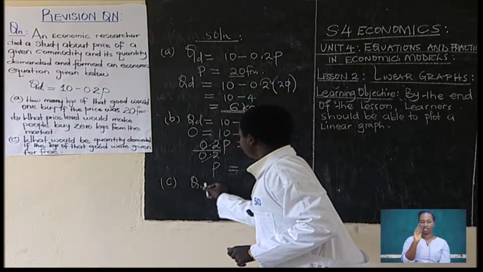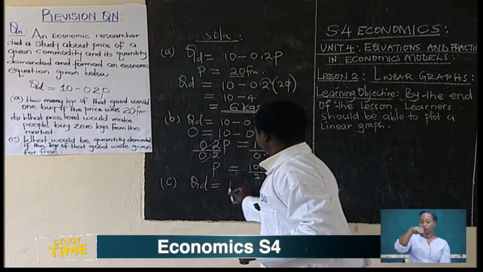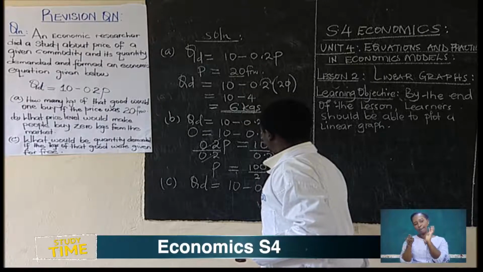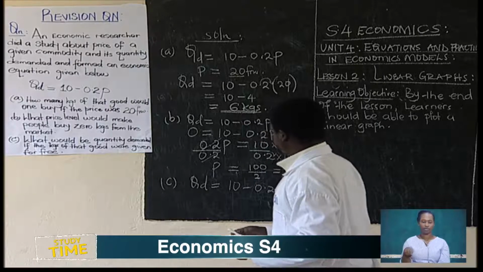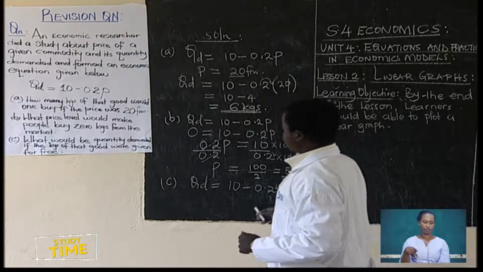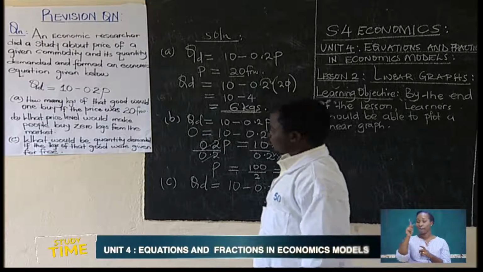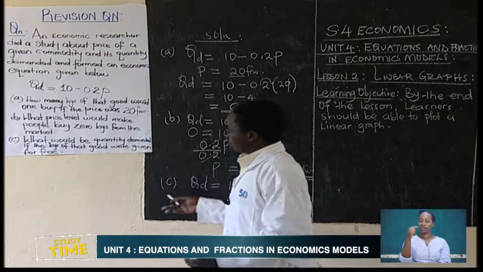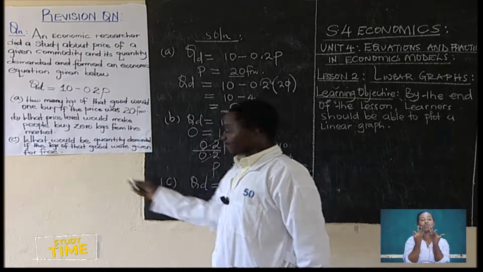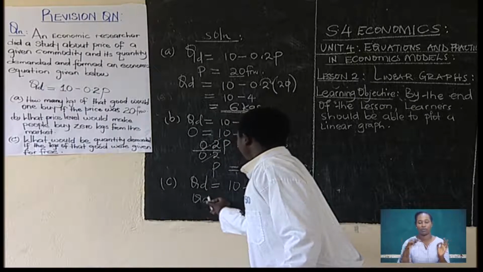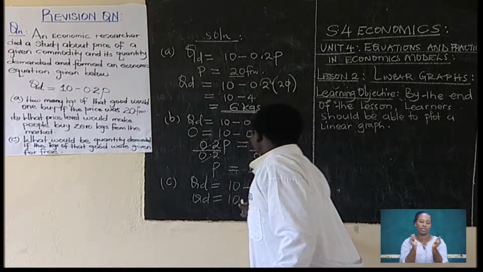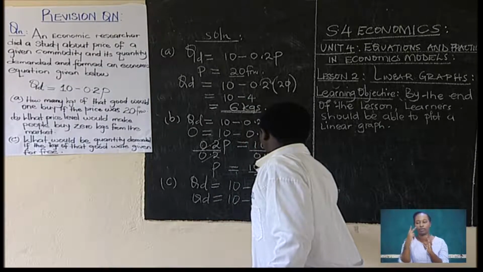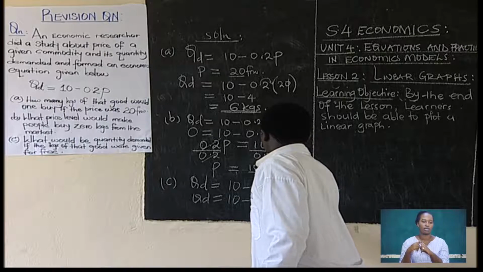Quantity demanded equals 10 minus 0.2 P, which is price. But they are saying here, our P is 0 because we are assuming the kilograms of that commodity were given for free. So here, our quantity demanded would be 10 minus 0.2 times 0.